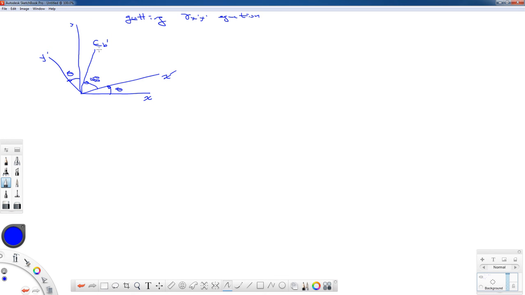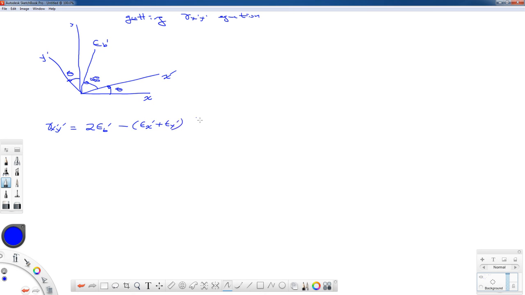I'm going to call that the strain epsilon b prime. Now we know that we can write gamma x prime y prime, kind of like our 0, 45, 90 degree rosette equation, as twice the middle gauge minus the other two. And I'm going to group them together like this: epsilon x prime plus epsilon y prime.